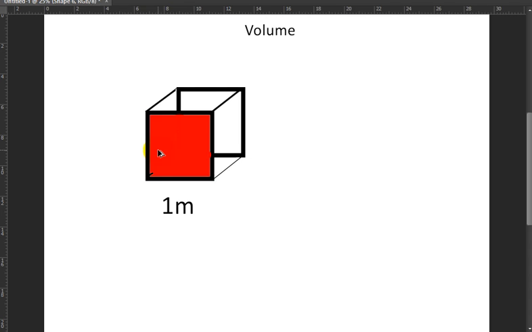Next up, what we need to talk about is the corners. Corners in a 3D shape have their own name. Each corner is called a vertex.